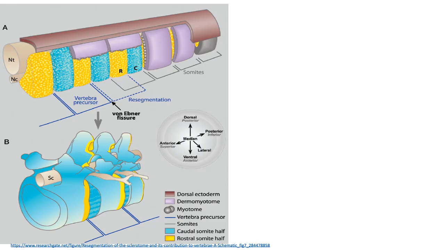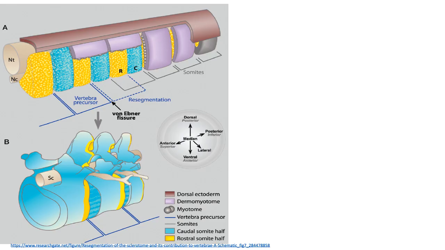Blue is on top, yellow below. That is what it continues. So you can see the position of the somites before resegmentation. Basically blue is on top, yellow is below, blue on top, yellow below, in the diagram.